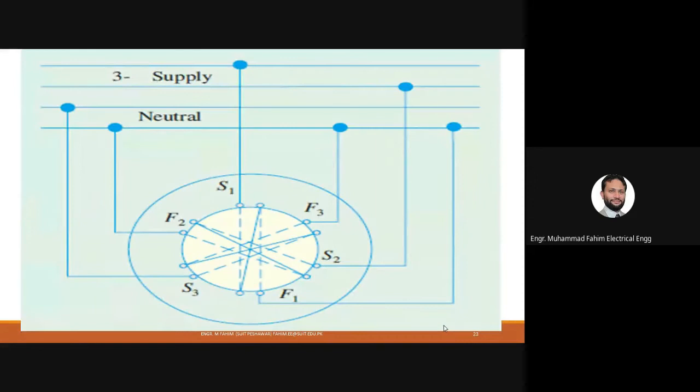So now look over here. This is a three-phase supply, and three sets of windings are connected with the three-phase supply, and each is displaced by 120 degree.